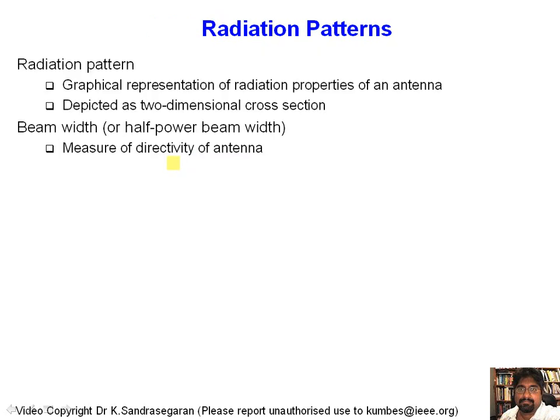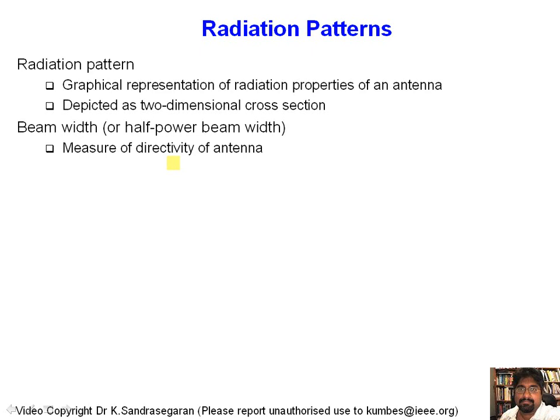So that's something practical. Sometimes when you are a planning engineer designing a system, you have to choose an antenna for your transmitter and receiver, and you will go through specs like this to find an antenna that is suitable for the task that you want to do. Two things that we talked about were the radiation pattern, which is a graphical representation of the radiation properties of an antenna.